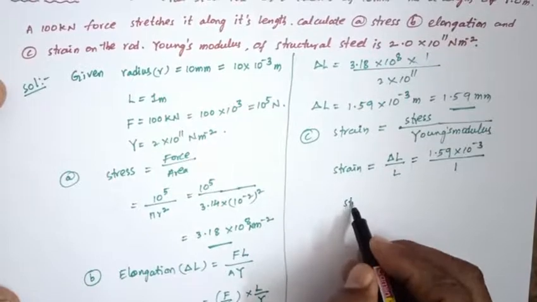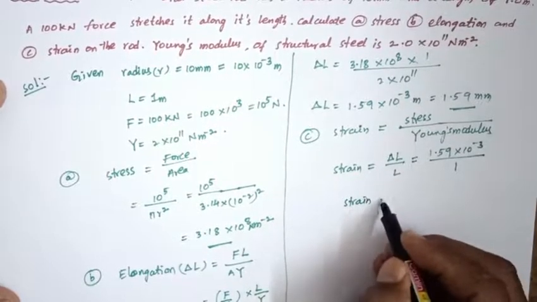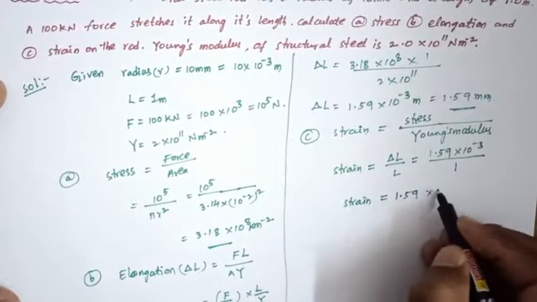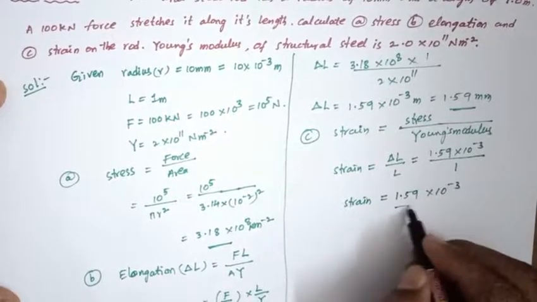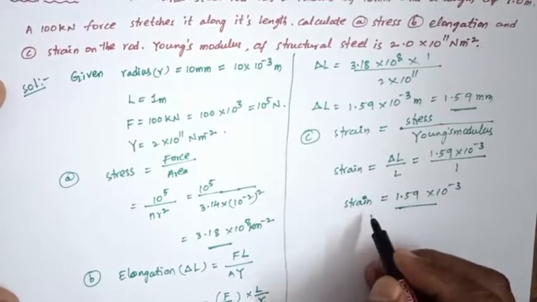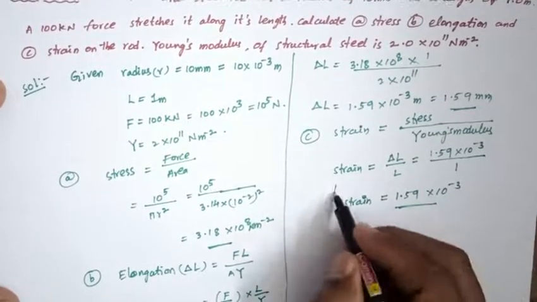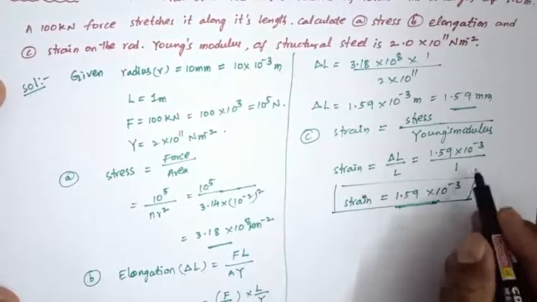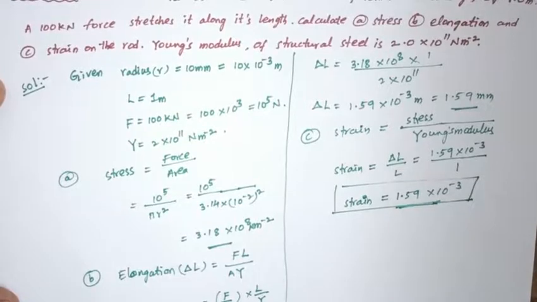So strain equals 1.59 into 10 power minus 3. What is the unit of strain? There is no unit. So strain is 1.59 into 10 to the power of minus 3.